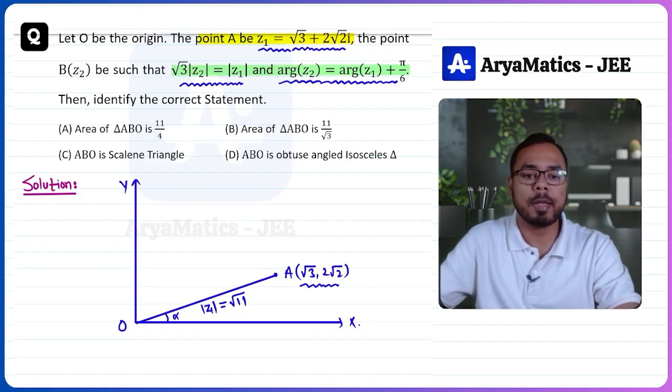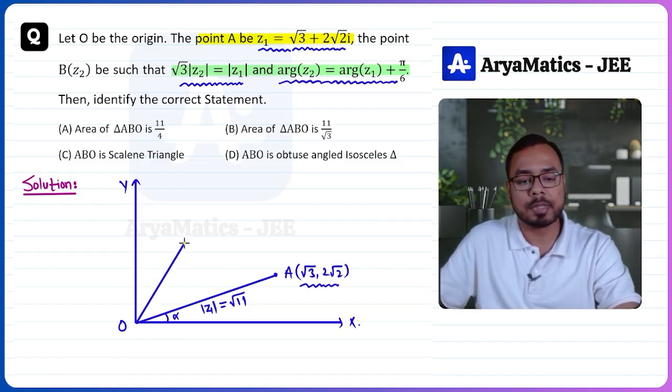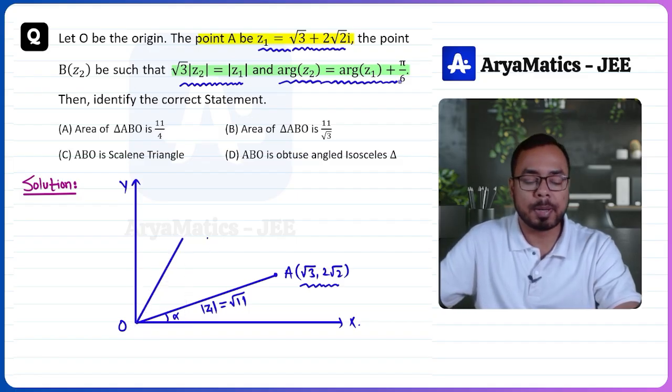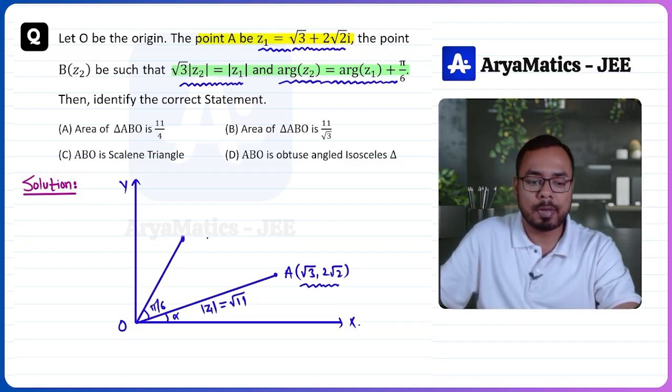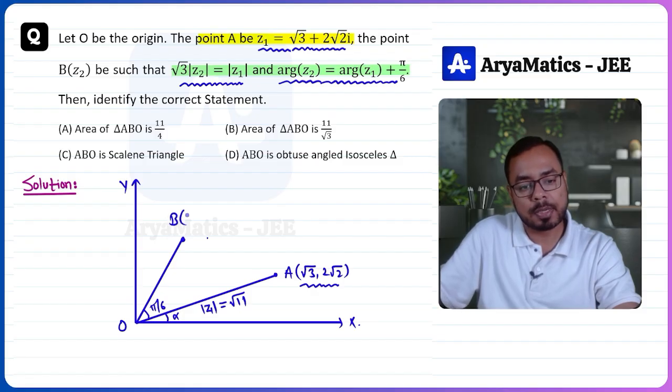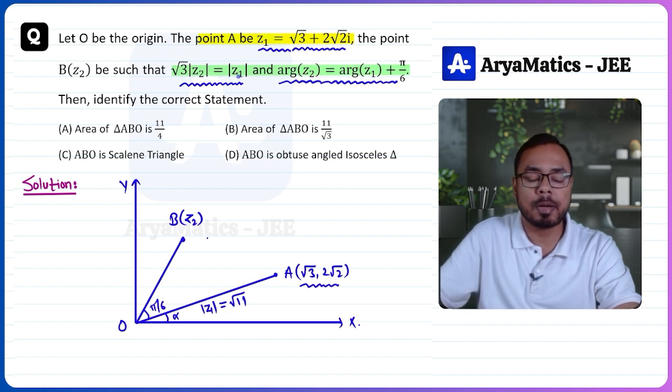Then the angle made by the line OB, point B representing Z2, with the x-axis will be alpha plus pi by 6. That means this angle has to be pi by 6. Right, this angle will be pi by 6. And here we have this point B representing the complex number Z2. And modulus of Z2 is nothing but modulus of Z1 by root 3. Mod Z1 is root 11. So that means this length will be root 11 by root 3.